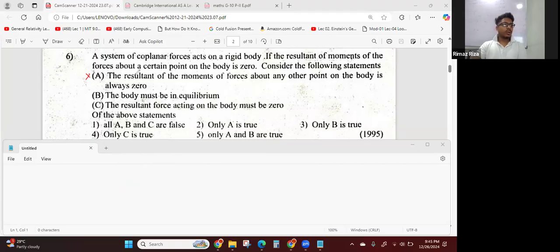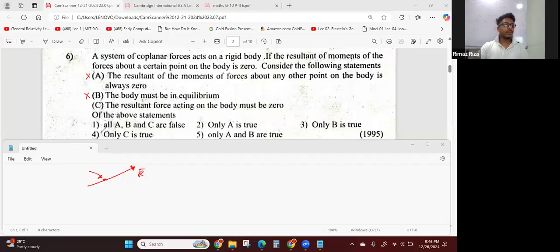Okay, so, the system of coplanar forces, resultant, moment of force about a certain point. Now here, if there is a resultant and you are taking the moment from that certain point, we can't say it's in equilibrium, because there will be a resultant. So therefore, B is also wrong.